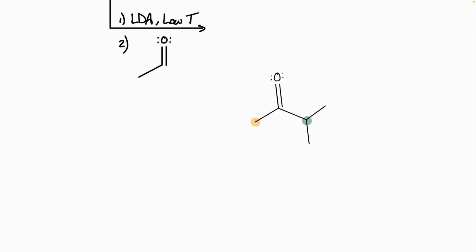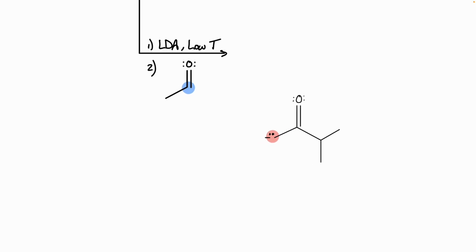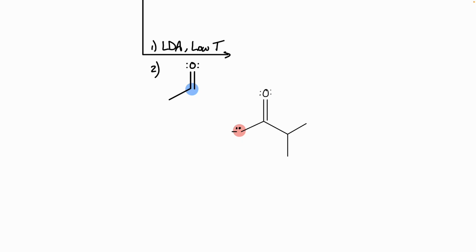All right, so again, I'm going to draw in my product of that first step, which is when we deprotonated that alpha carbon, but since we were using LDA, we specifically deprotonated that more accessible carbon. So that's my nucleophile, going to react with that electrophilic carbonyl carbon of my aldehyde here, that second molecule that I added.